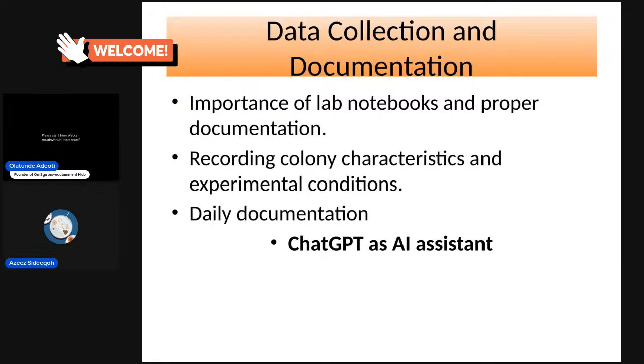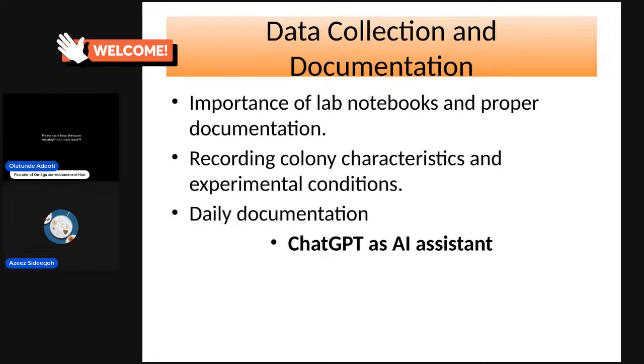Then don't forget your data collection and documentation. Documentation is very, very important. Right away from when you are collecting your data, you start documenting. Every point, every time, you should be documenting.